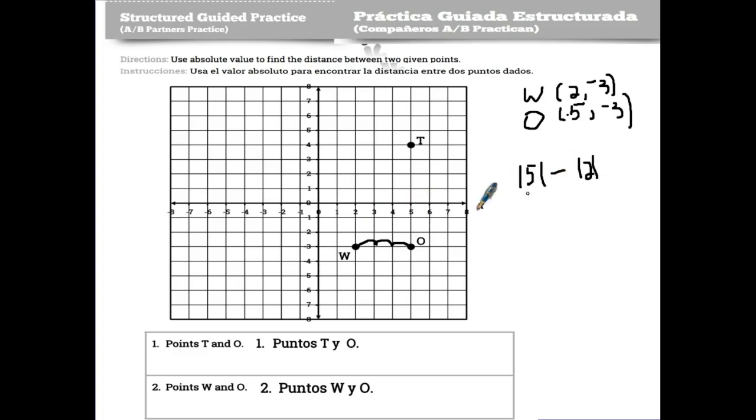So I'm not crossing over an axis, so I'm going to subtract. The absolute value of 5 is 5. Subtract the absolute value of 2, which is 2, and I get a distance of 3 spaces, which is what I got when I counted. Okay, so I found it by counting, and I confirmed it by using the absolute value.